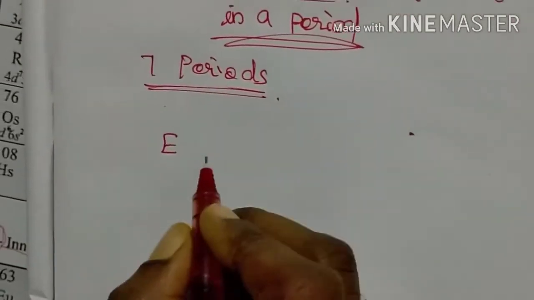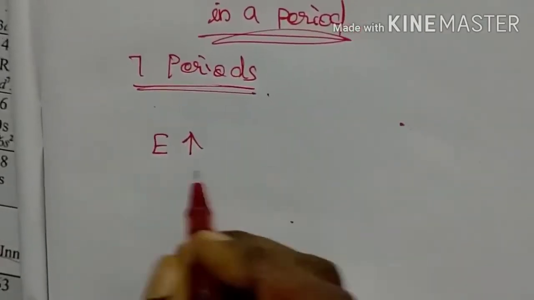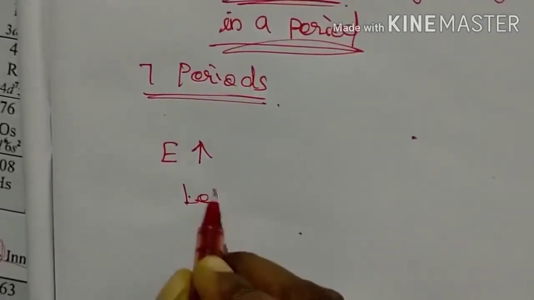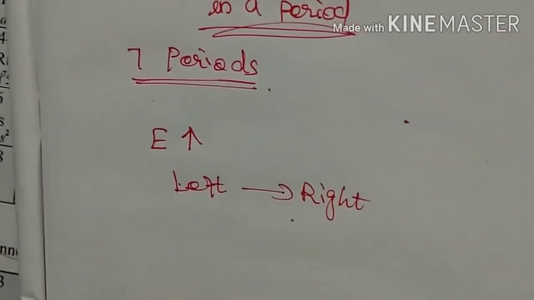Generally, electronegativity is increasing across the period from left to right.